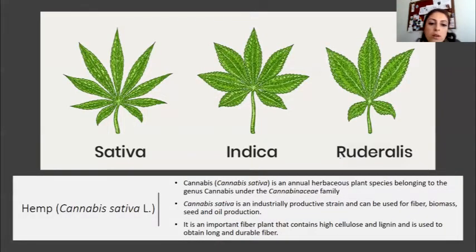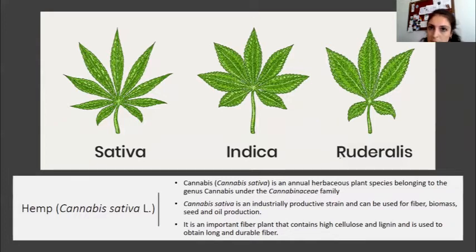First of all, I would like to introduce hemp. Hemp, in Latin Cannabis sativa, is an annual herbaceous plant, a very special plant actually, and it belongs to the genus Cannabis under the Cannabinaceae family. Cannabis sativa is an industrially productive strain and can be used for its fiber, biomass, seed, and oil production.